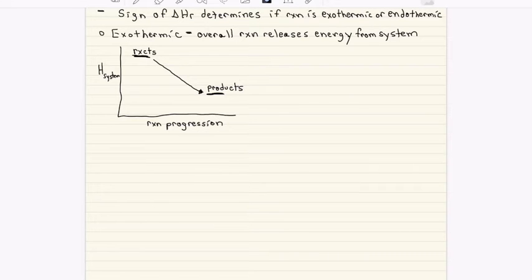And so our delta H of R, which characterizes the net energy transfer of the system throughout the process, is going to be less than 0 or negative. This is what happens when the net overall reaction is exothermic.